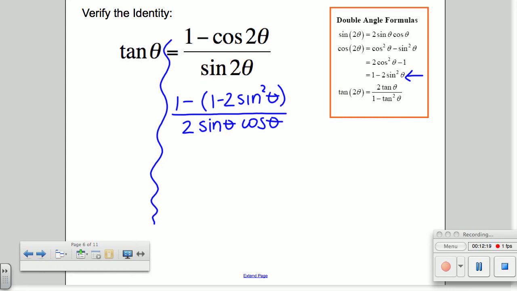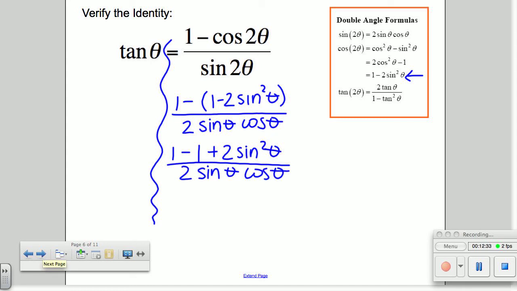If I distribute the negative on the top, I get 1 minus 1 plus 2 sine squared theta all over 2 sine theta cosine theta. I think we're getting close. 1 minus 1, that equals 0. So that goes away. Now I just have 2 sine squared theta.